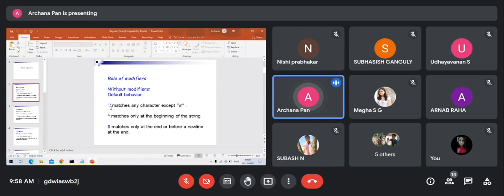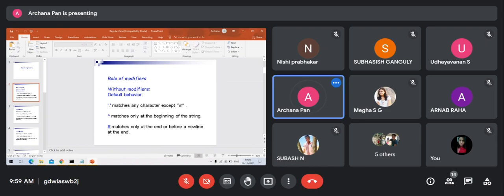In general, the dot operator will match any character except the newline character. And caret means it will match only at the beginning of the string. Like if you write caret apple, the sentence should start with apple.